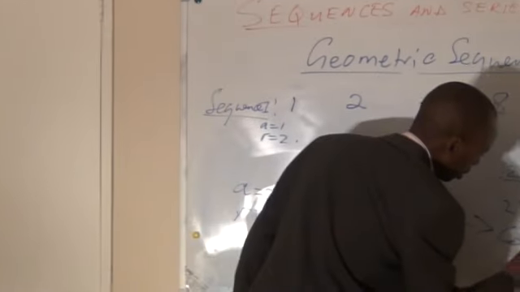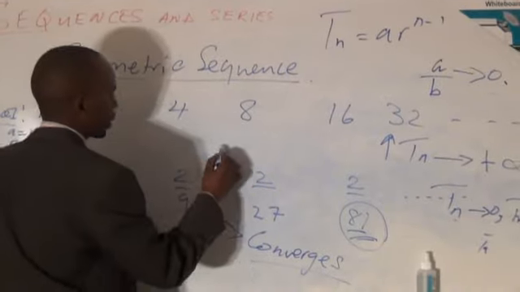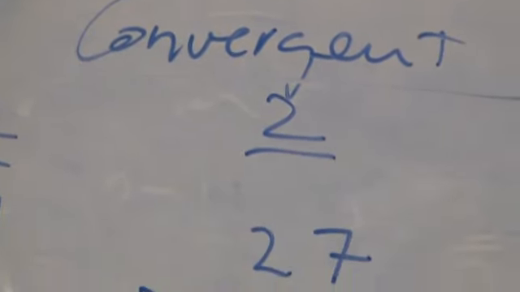Okay? So such a sequence converges. We say it is convergent. We will investigate the conditions which are necessary and sufficient for a sequence to converge just now.